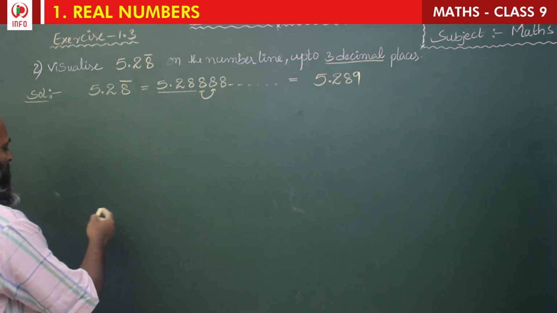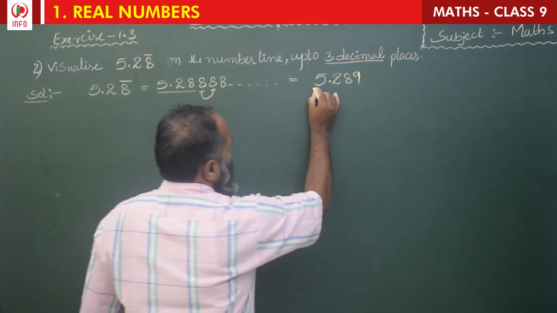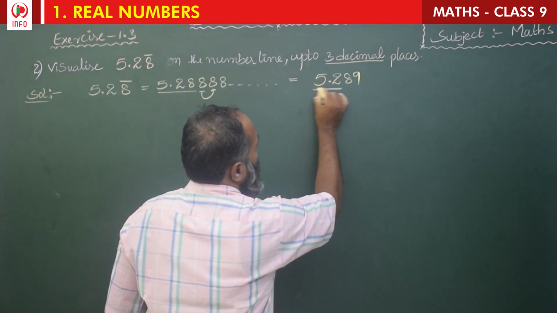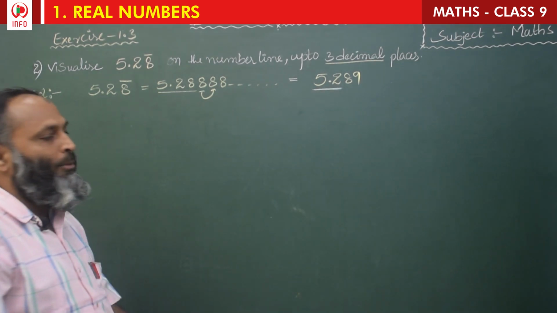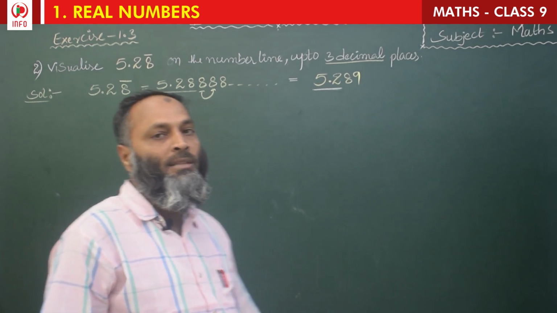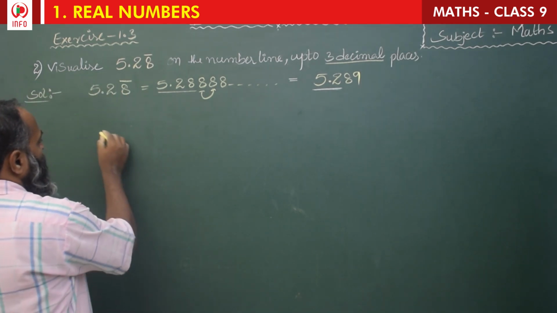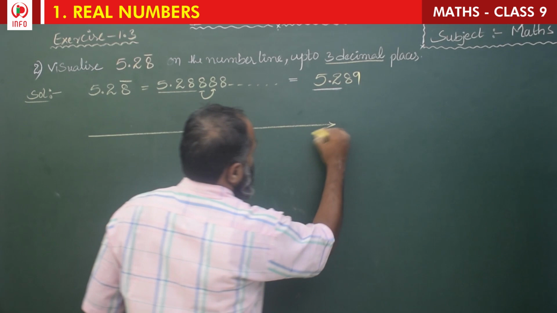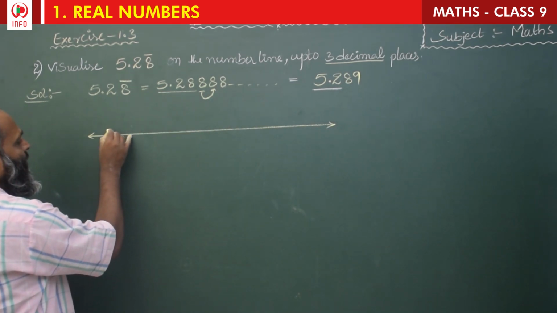So how to visualize? First, till 5.2 we should visualize on the number line. 5.2 is in between 5 and 6. Now draw the number line here.